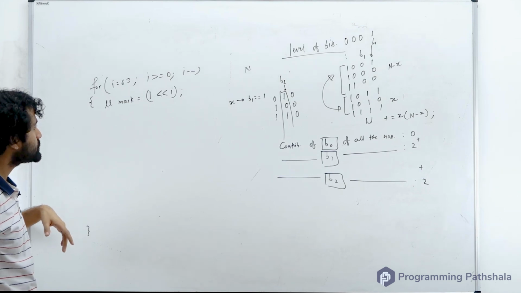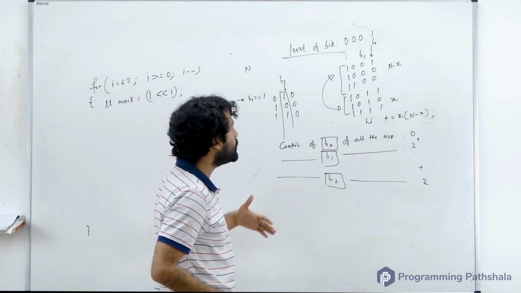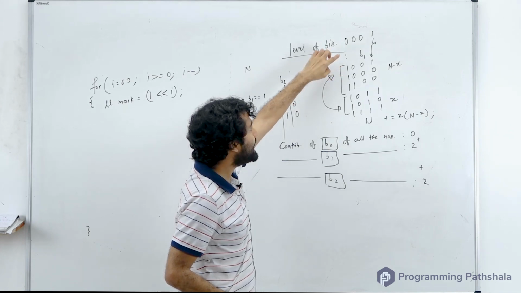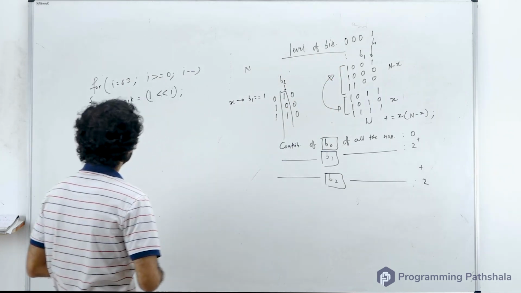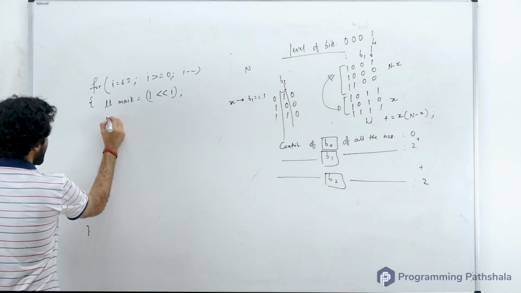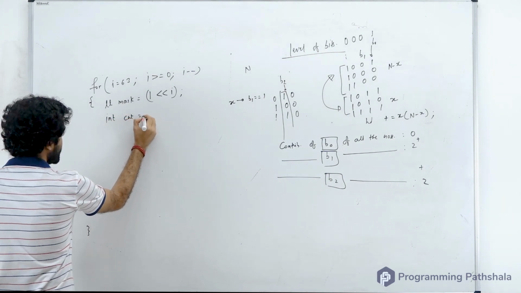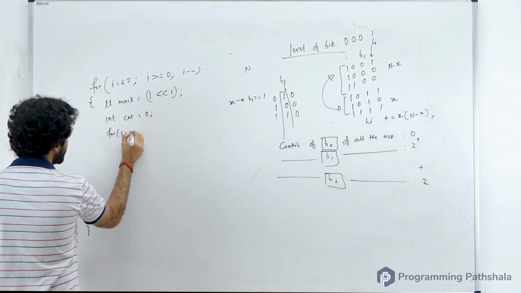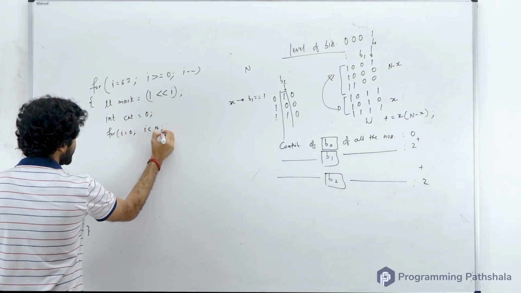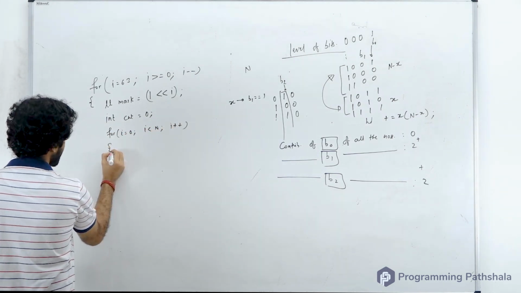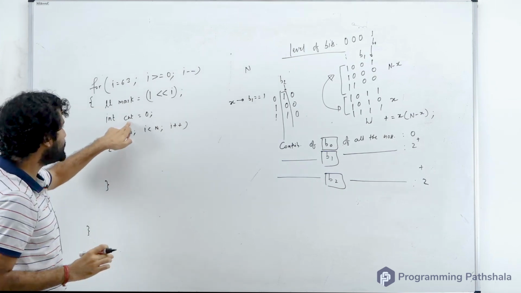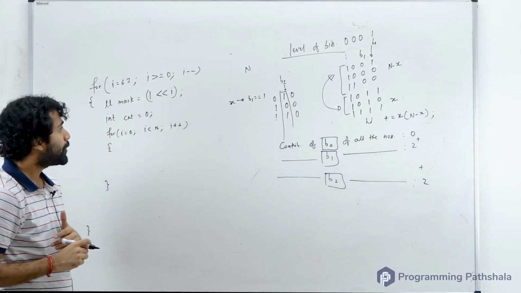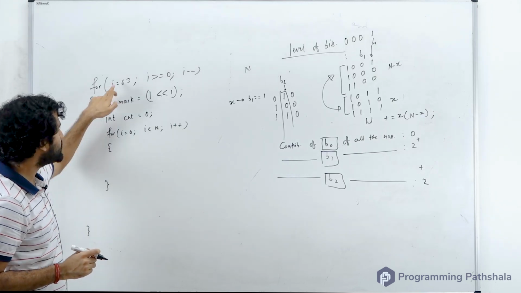Now what will I do? Now I am supposed to count how many numbers have 1 at this particular bit position. So for that, I'll have a count initialized to 0, and then I'll loop over all the elements, from i equals 0, i smaller than n, i plus plus. This count's responsibility is to keep track of how many numbers I have got which have 1 at bi.